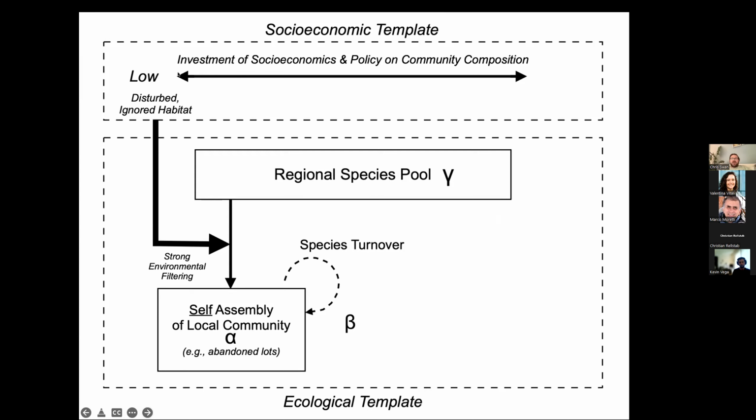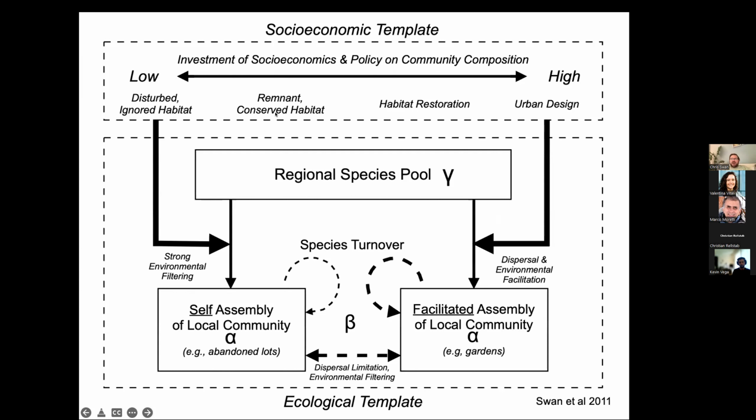Now we can impose an investment of socioeconomics and policy on community composition, where it might be very low at one end, and you've got good ecology going on, with strong environmental filtering by the urban environment, by a strong geophysical template, where you might have disturbed or ignored habitat. Moving across here, you might have remnant or conserved habitat.